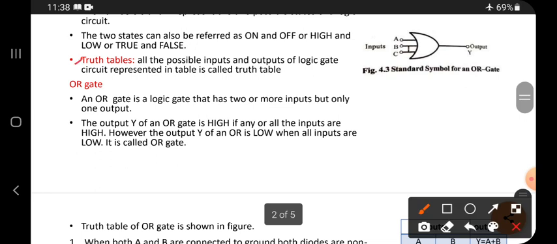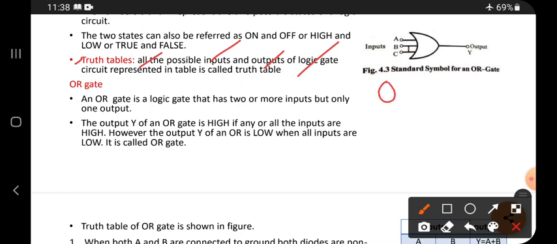Next, truth table. All the possible inputs and outputs of a logic gate circuit represented in a table is called a truth table. Generally, how many digital states are there?